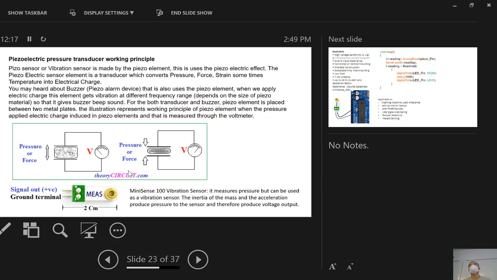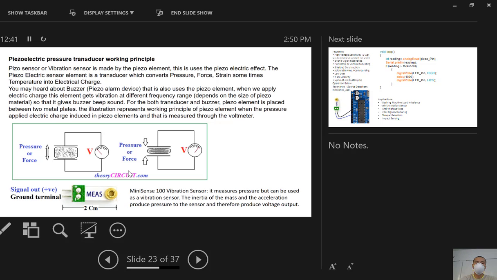If you apply a pressure to the sensor, you can collect the voltage from the 2 plates, and vice versa. If you give it a voltage, it's going to deform the surface, structure, or shape. So it can be used as an actuator as well.